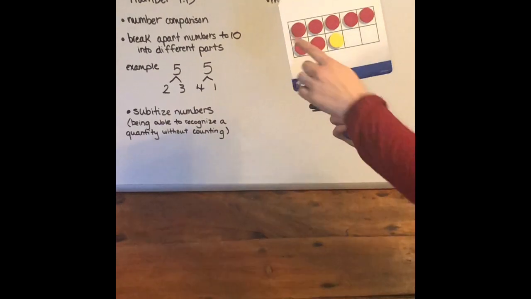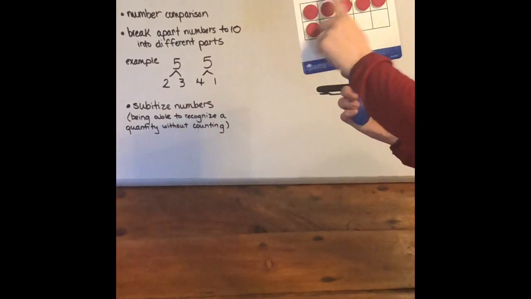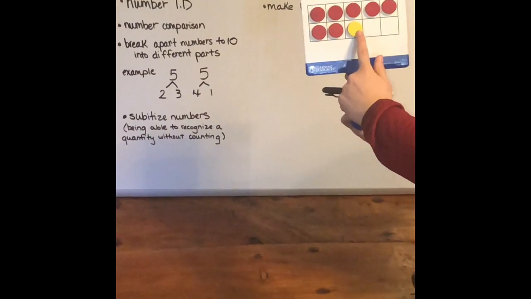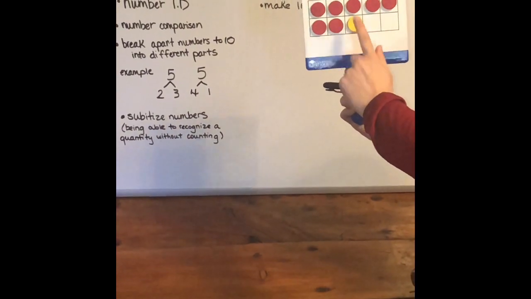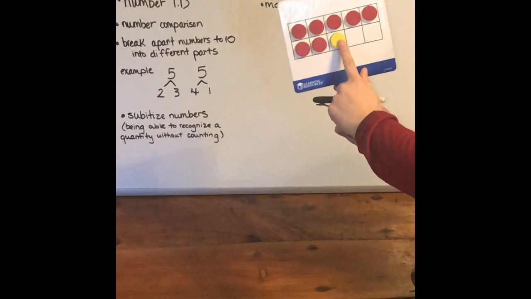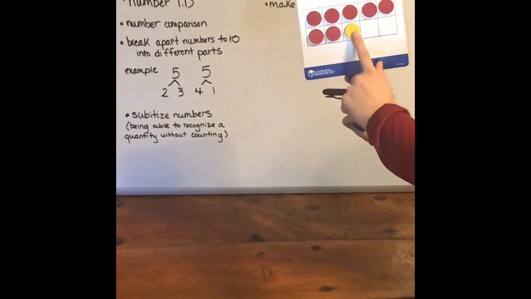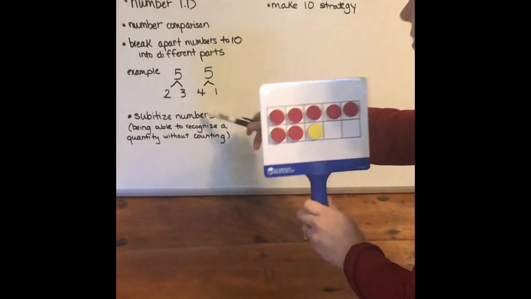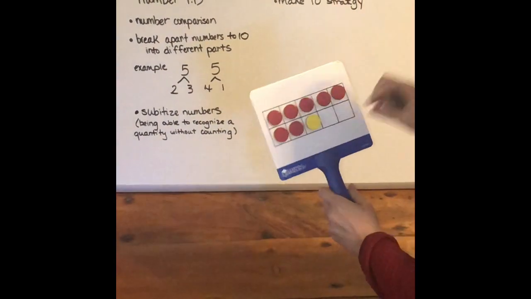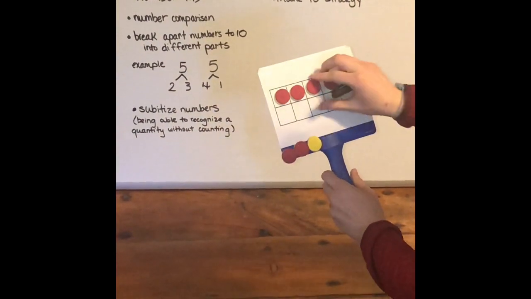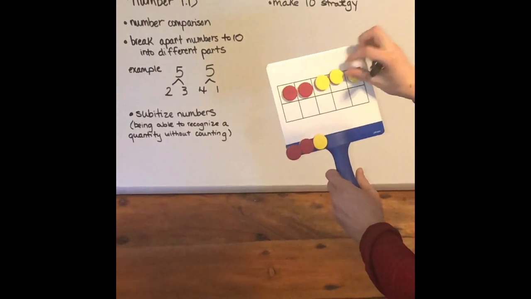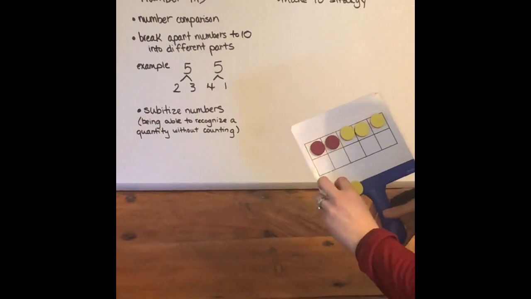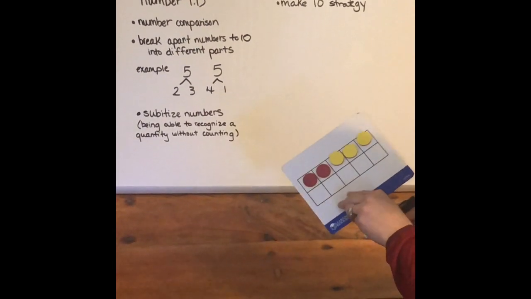You can see here, this would be the number 8, but I have 7 red and 1 yellow. We can do that for all numbers up to 10, and we call those number bonds, partitioning. Here's an example on the board. 5 could look like 2 and 3. 2 red, 3 yellow.